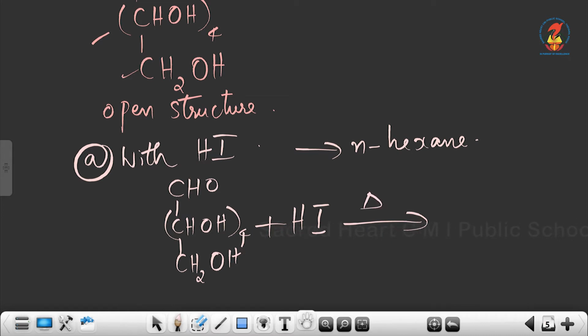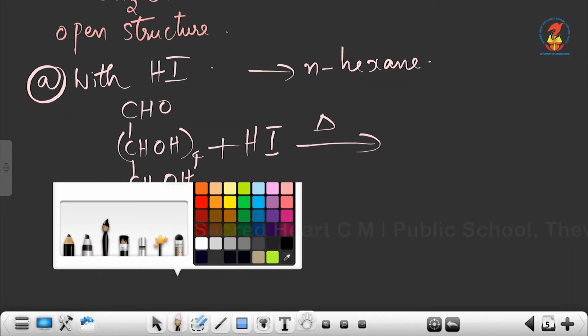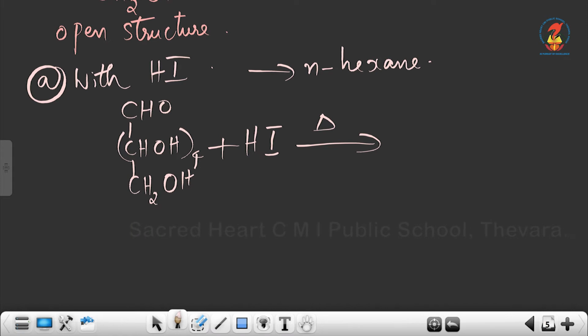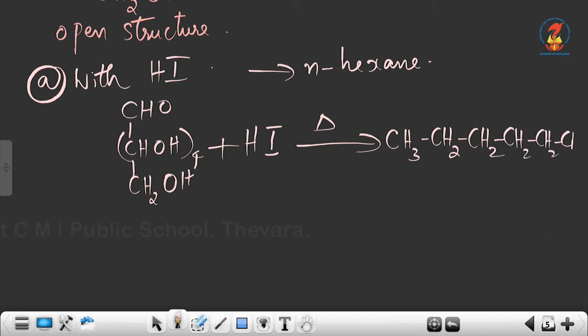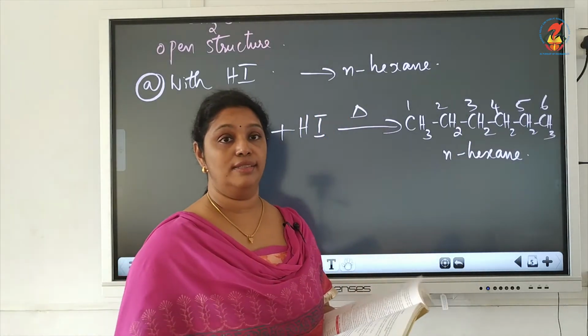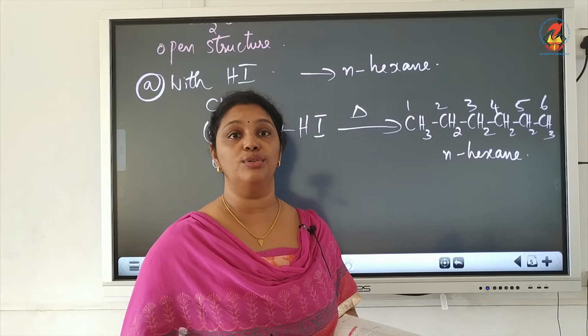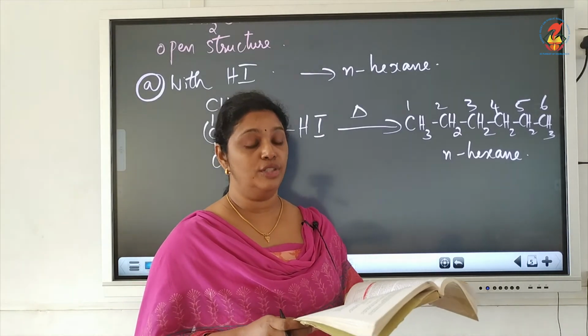On heating, we got normal hexane. Normal hexane structural formula is CH3, 6 carbon atoms, 1, 2, 3, 4, 5, 6. This is normal hexane. So this reaction proved that there are no branches, that is, all the 6 carbon atoms in glucose are linked by a straight chain.